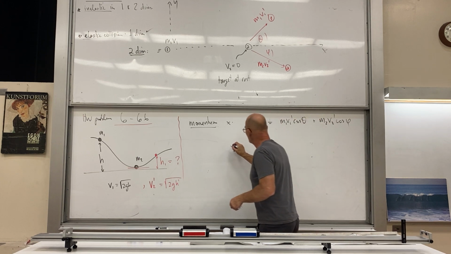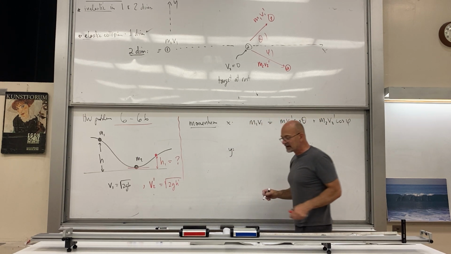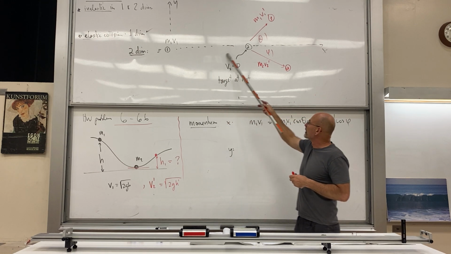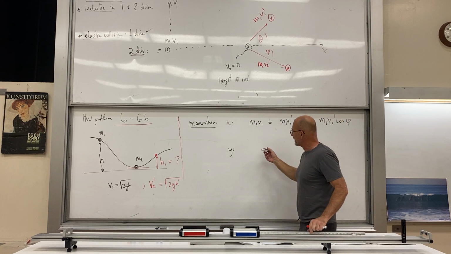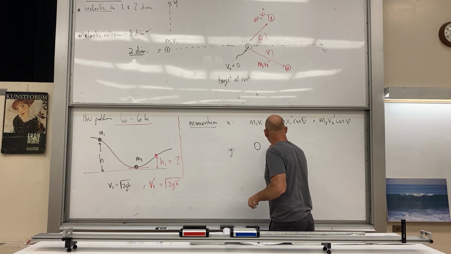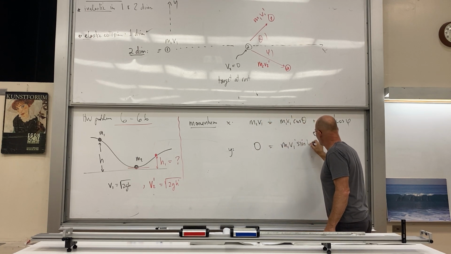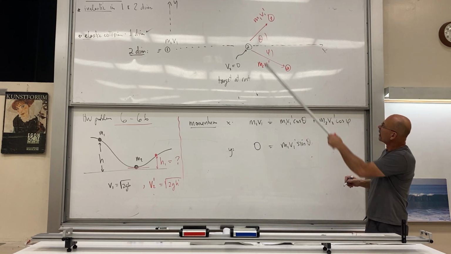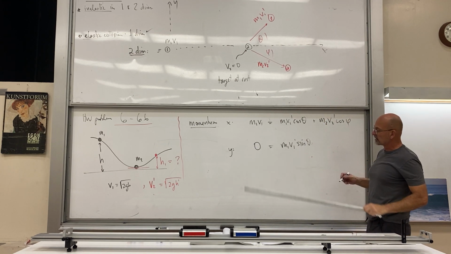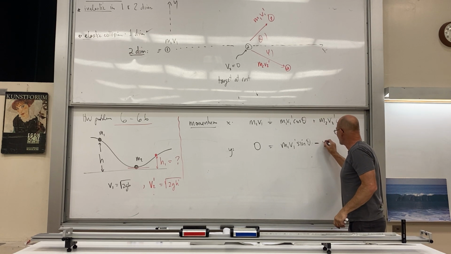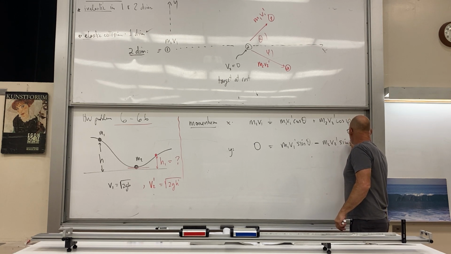Now momentum in the y direction, what is that? Originally we had none, so we have a 0 here. So we had no y component, we have 0, and then we have M1 V1 prime sine theta for our particle number 1, and particle number 2, because it's pointing down, I'm going to put the minus sign in by hand, minus M2 V2 prime sine of phi.